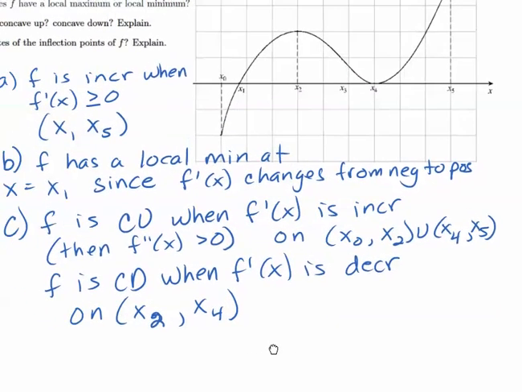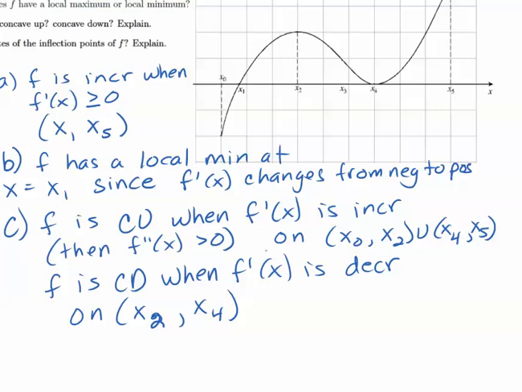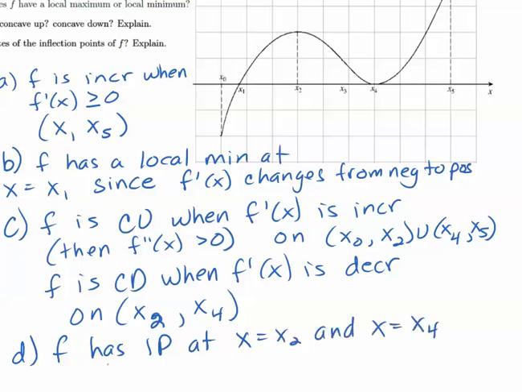So concavity changes here. We can see that concavity changes at x2 and at x4. So f has inflection points at x equals x2 and at x equals x4.